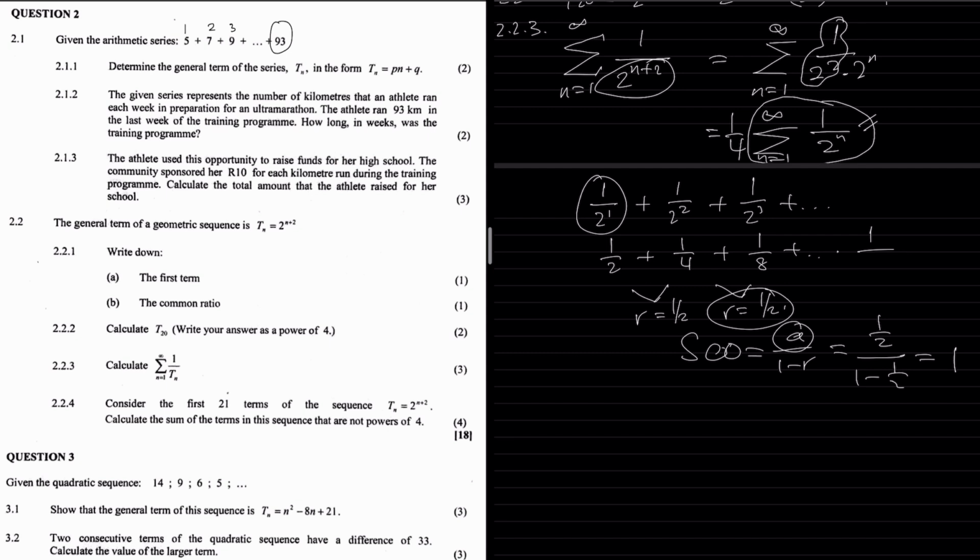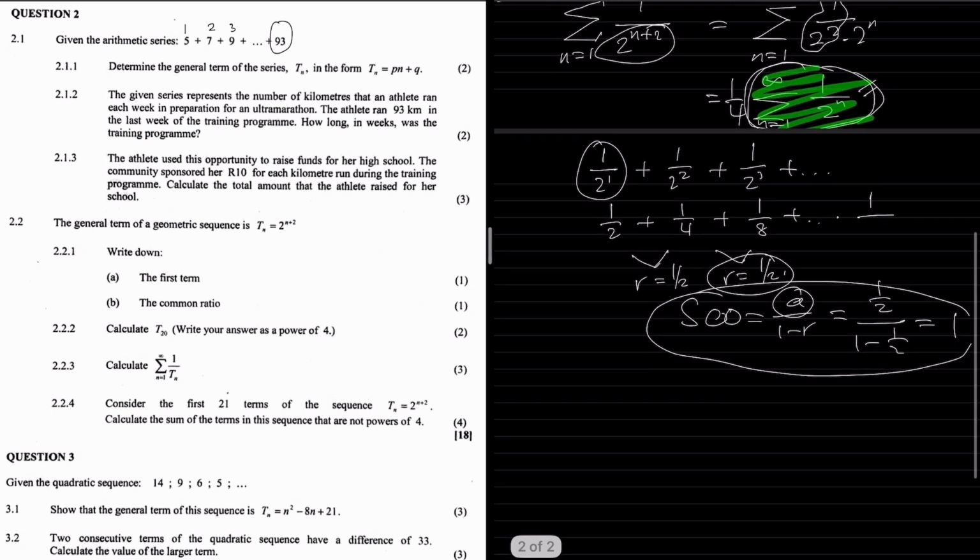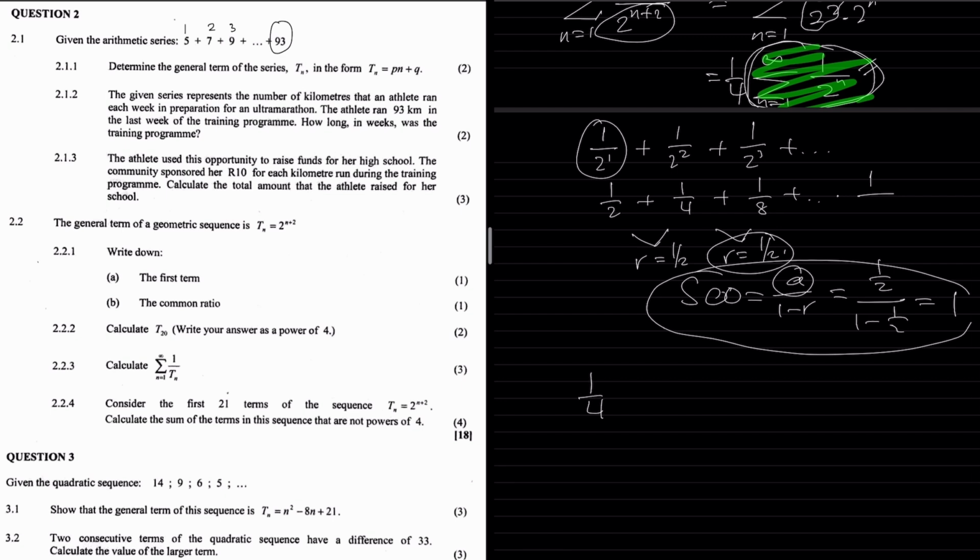So the sum to infinity is going to be 1. So this value goes here. My final answer is going to be a quarter times the sum to infinity. The sum to infinity was 1, so the answer is a quarter.